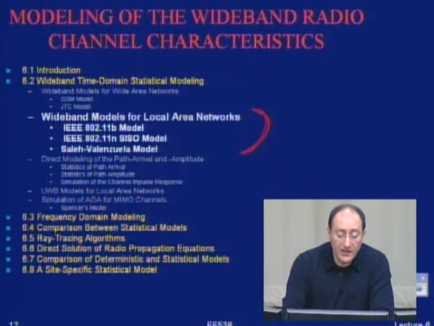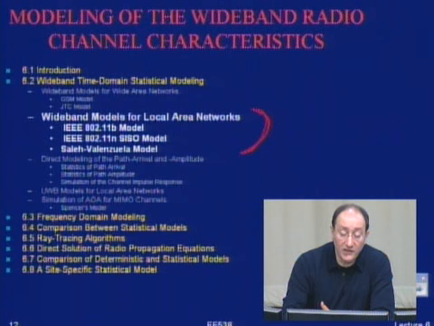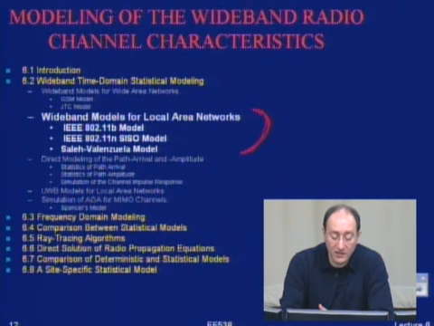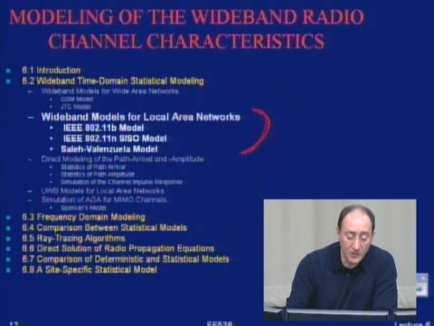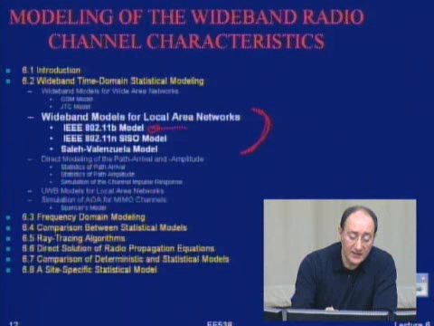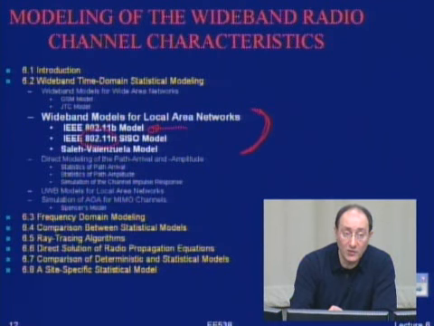By that, I mean the wideband models which are used for local area networks, or the ones that are the foundation of models developed for local area networks. The first model is the 802.11b model. The second model is the 802.11n model, but 802.11n is for MIMO.